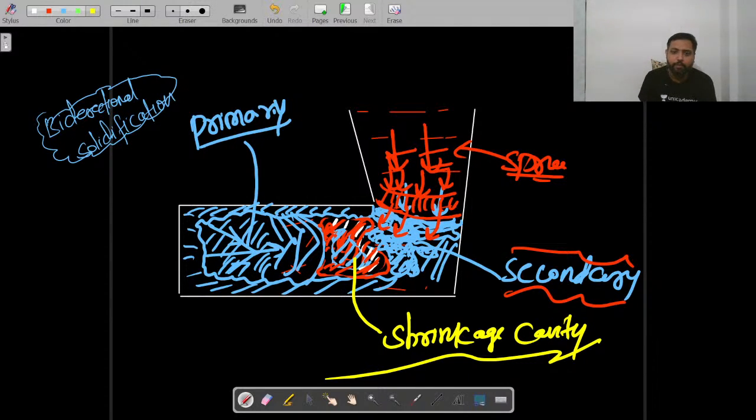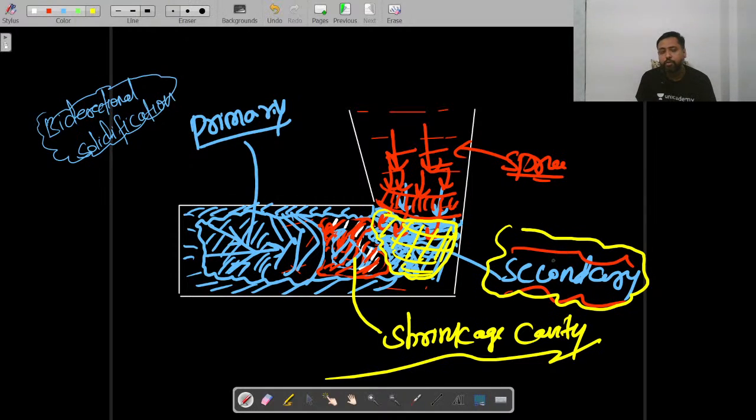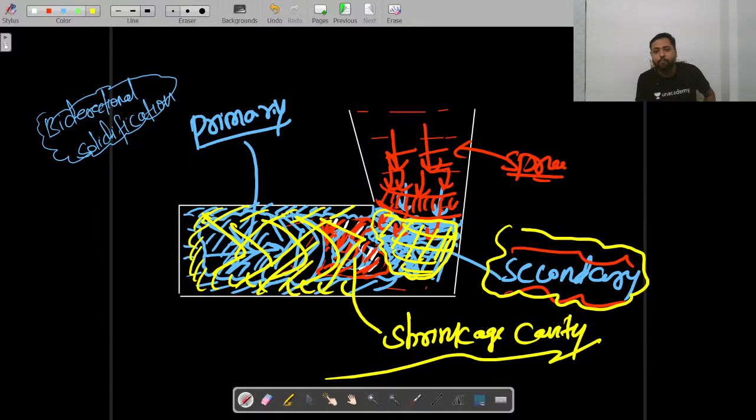For this, we will try to make sure that this secondary solidification front does not form, or we don't give enough time for it to form. To do that, we will increase the rate of formation and movement of this primary solidification front.